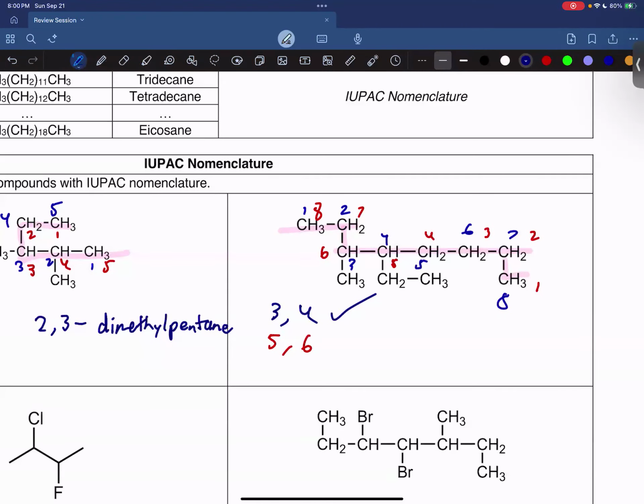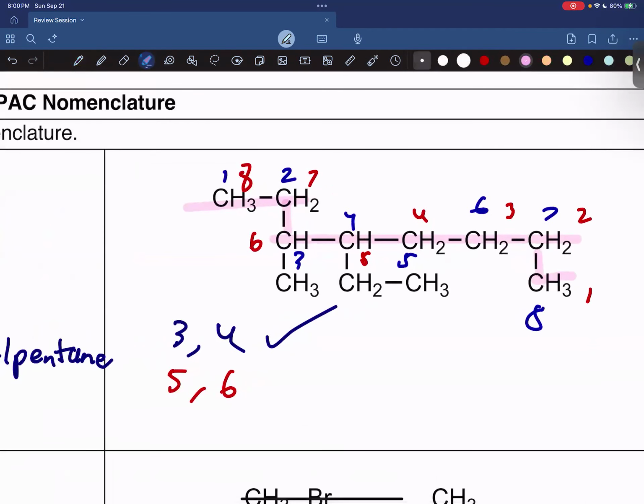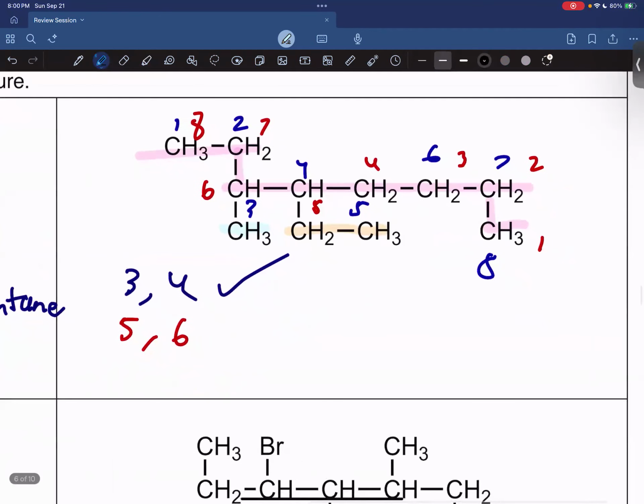So what branches do we have? I heard there's an ethyl, yes, and there's a methyl right there. So let me write that down. Our ethyl group in orange. And our methyl group, I'll put it in blue because why not?